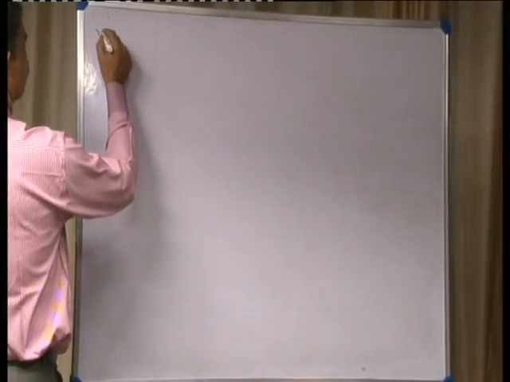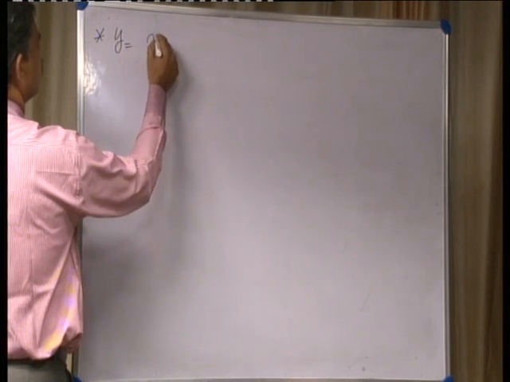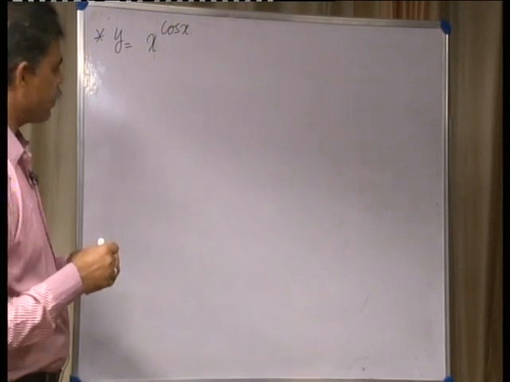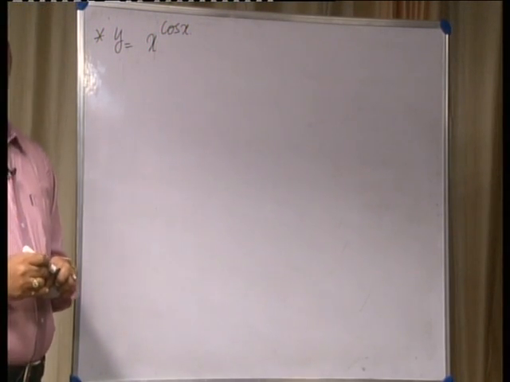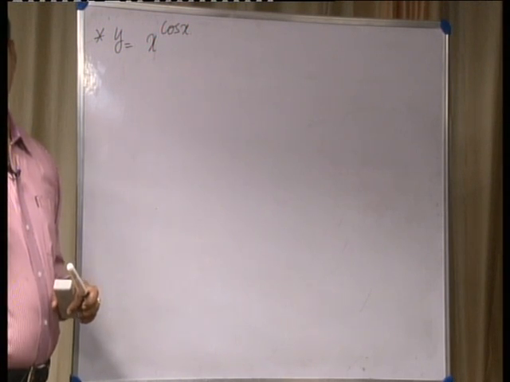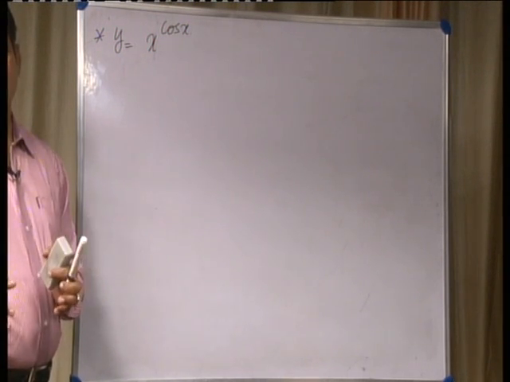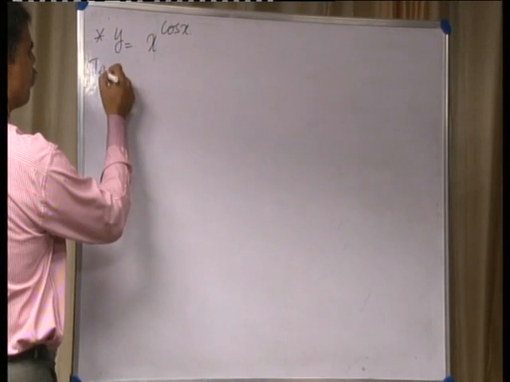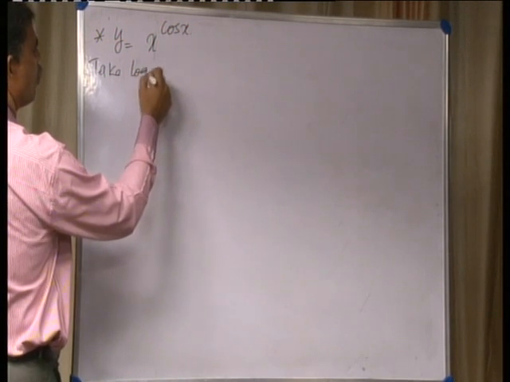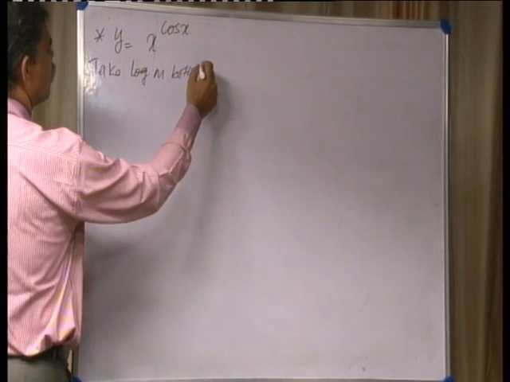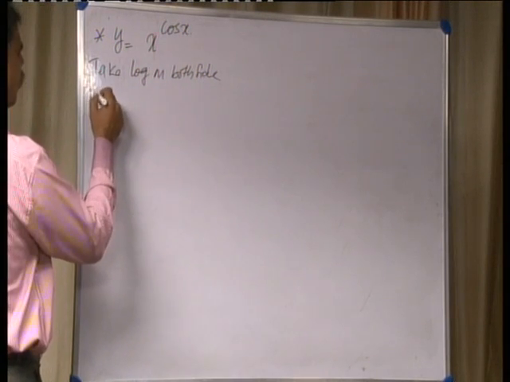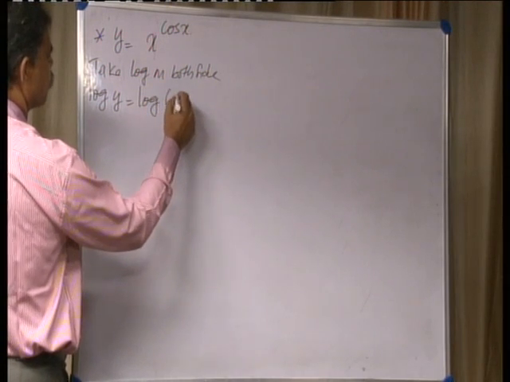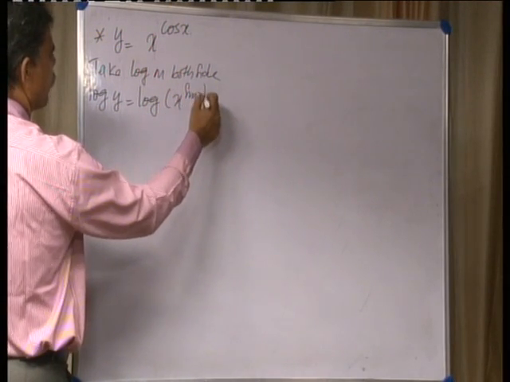Let us take y is equal to x to the power of cos x. It is again x is a function, cos x is another function, they are in the form of function to the power of function. What step we have to follow? We have to take log on both sides. When we take log on both sides, it will become log y is equal to log of x to the power of sin x.